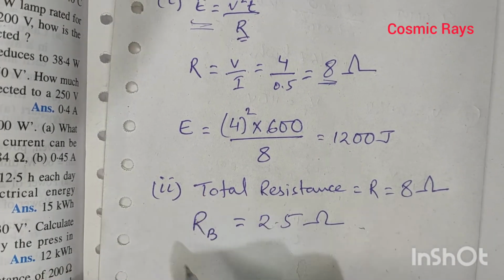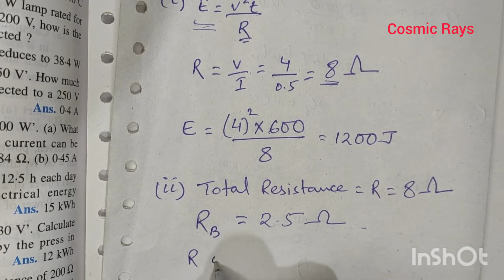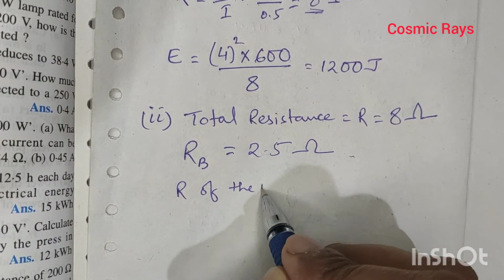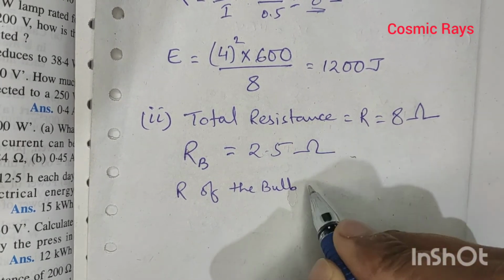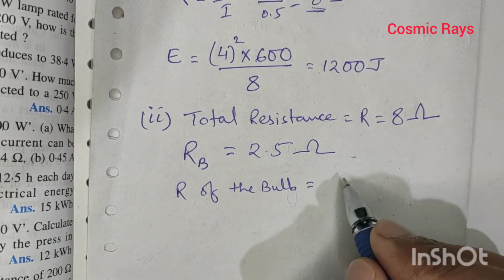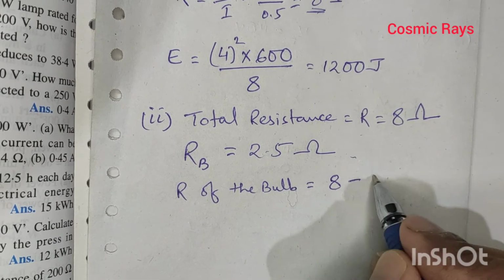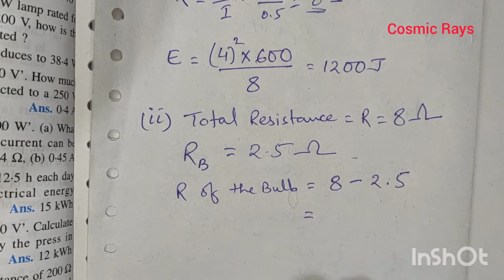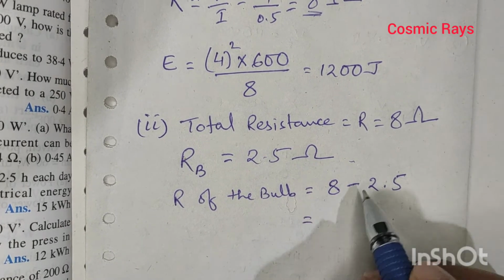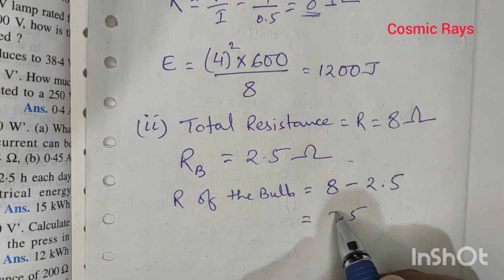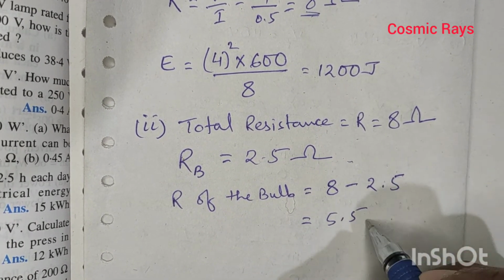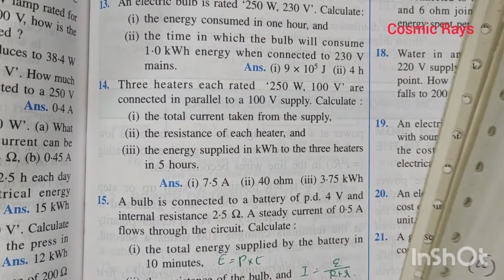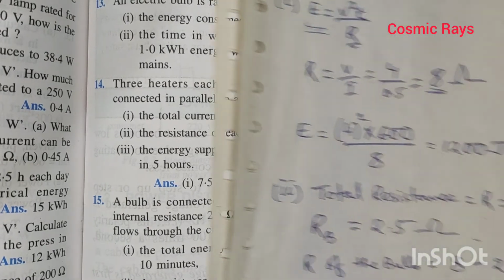So therefore resistance of the bulb would be the total resistance, that is 8 minus the resistance of the battery, 8 minus 2.5, so it would be 5.5 ohms.